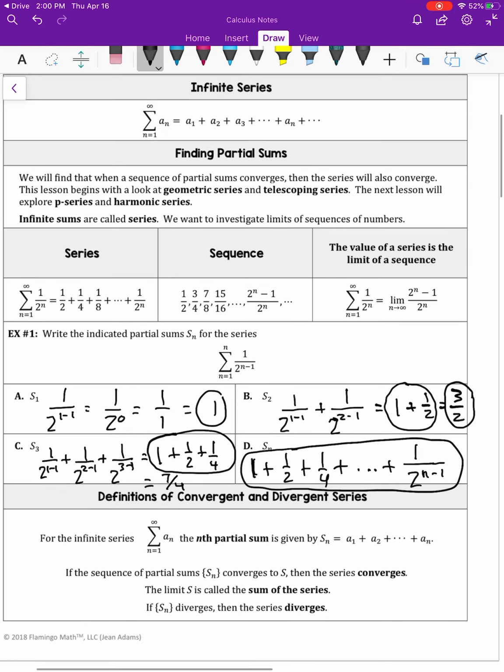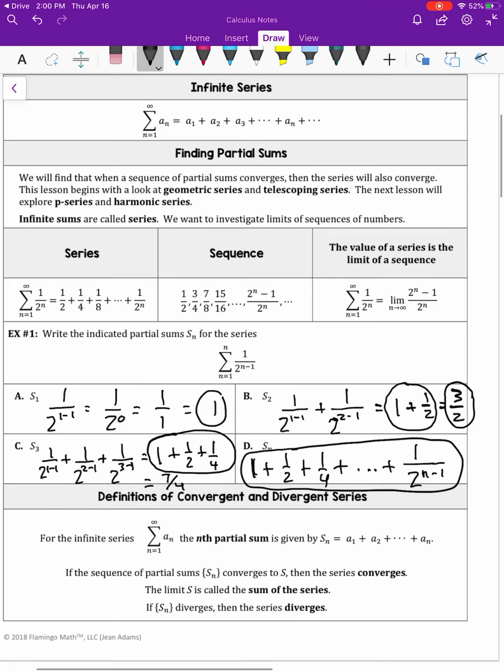Since the r, this is my r right here, is between 0 and 1, I know that my sum, so this whole thing right here, is a over 1 minus r. Well, my a would be 2, because that would be my first term, over 1 minus 1/3. So it's almost like you just have to look at it and decide, what do I know about this summation? What kind is it? What can I use? What do I know about it?